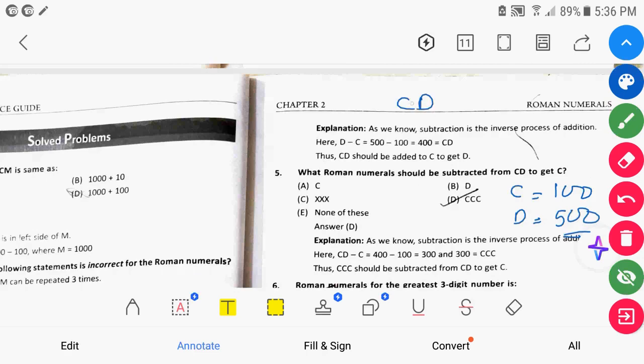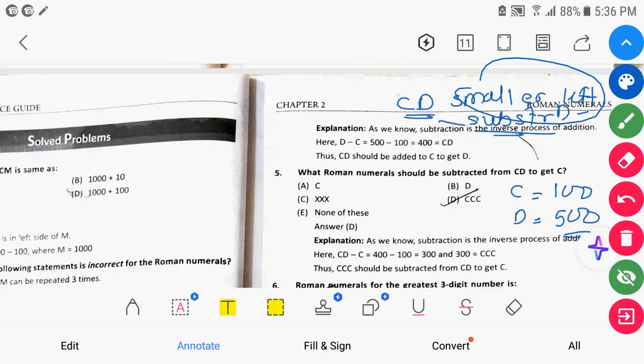Now in CD, the smaller numeral is at the left. So CD means subtraction. So what is the value of CD? Value of CD is 400 because 500 minus 100 is 400.